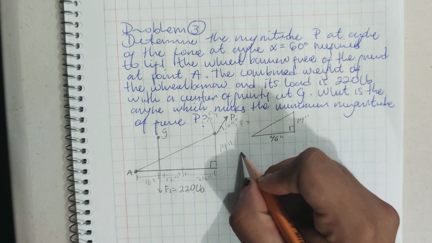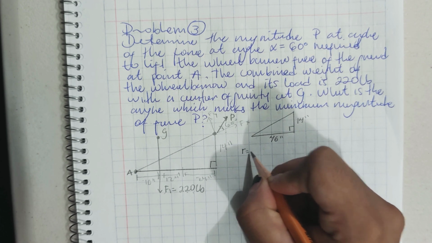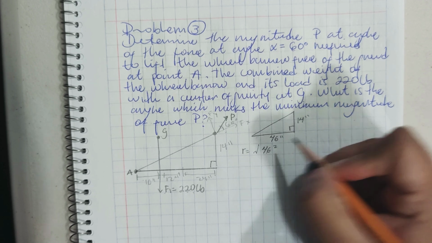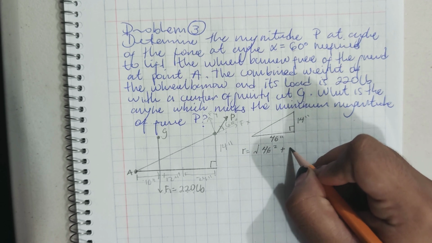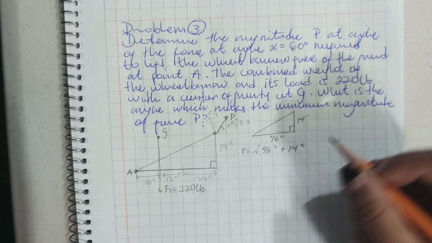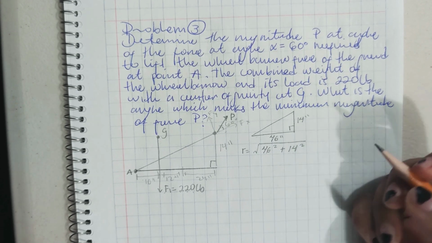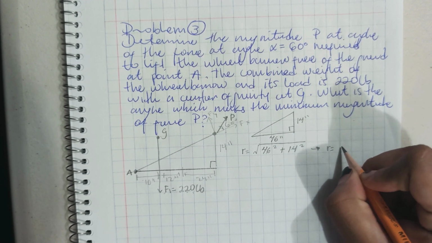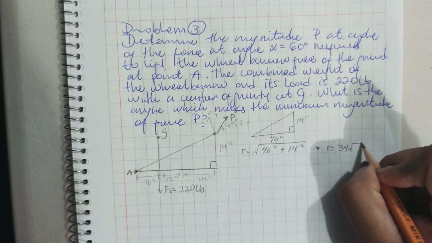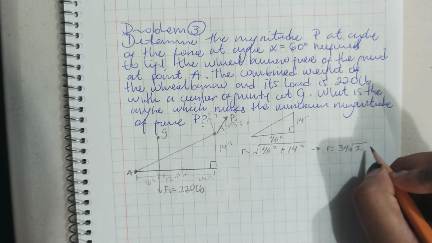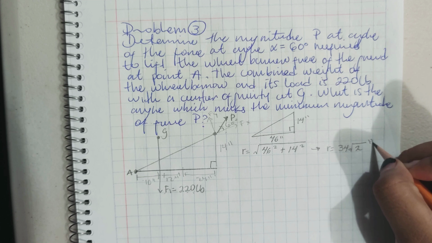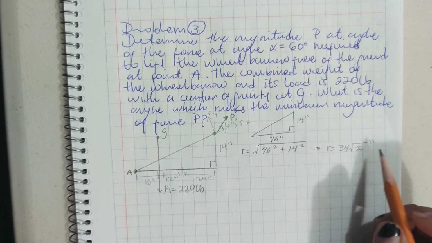Applying the Pythagorean theorem, R is equal to the square root of 46 squared plus 14 squared. Solving this, R is equal to 34 square root of 2. This is a measure of distance, so R in inches.